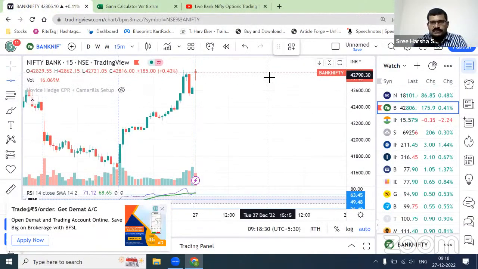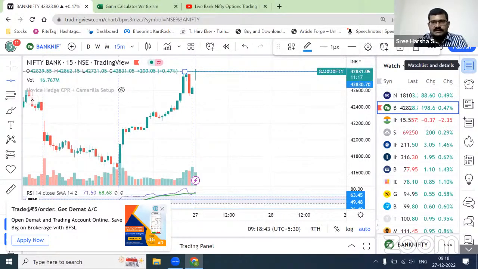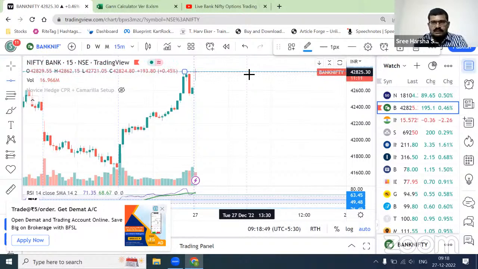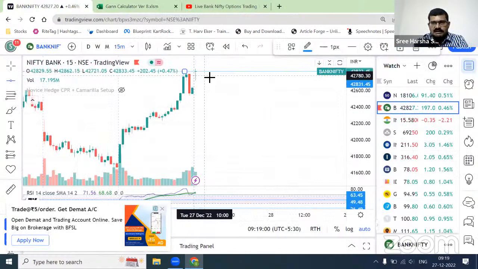Let me mark the level 42,827. Above this is the buy. 42,813, below that is the sell.